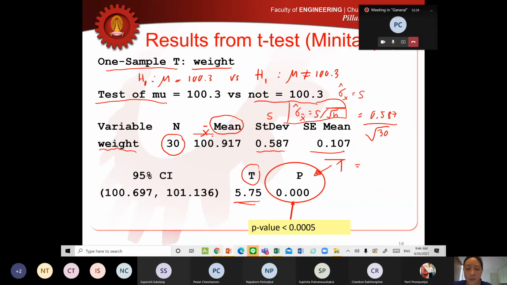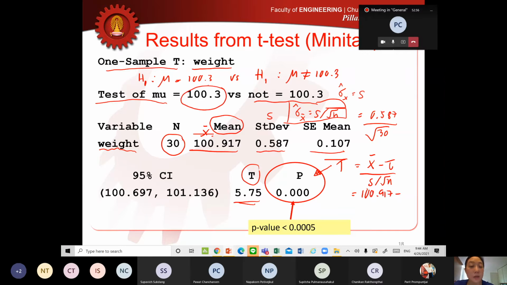If I show you again, one more time before we move to the application, t comes from x bar minus tau divided by s over root n. So x bar is equal to 100.917.